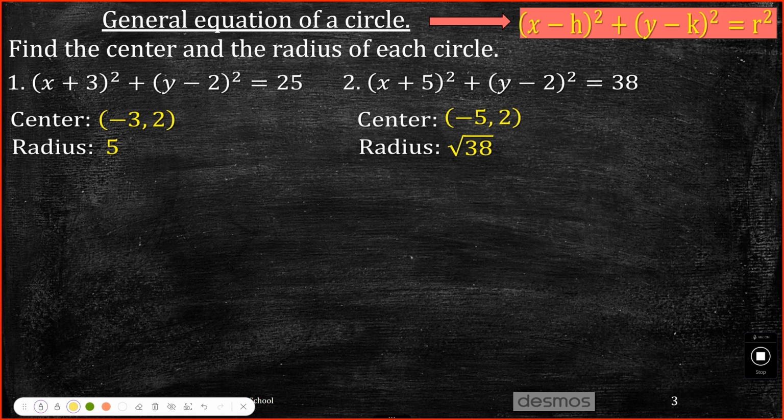So, square root. Let me turn this on. Square root of 38. What the heck am I doing? Oh, it's over here. 6.2. About 6.2.